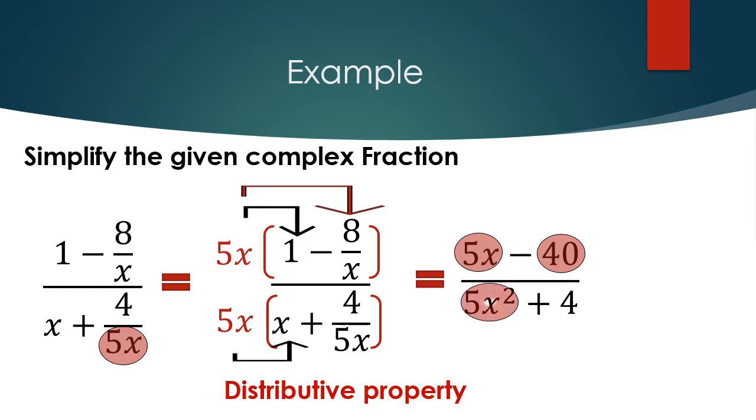And 5x times x is 5x squared. And 5x times 4 over 5x, that's 4. And there's nothing that can be simplified here. So the final answer is 5x minus 40 over 5x squared plus 4.